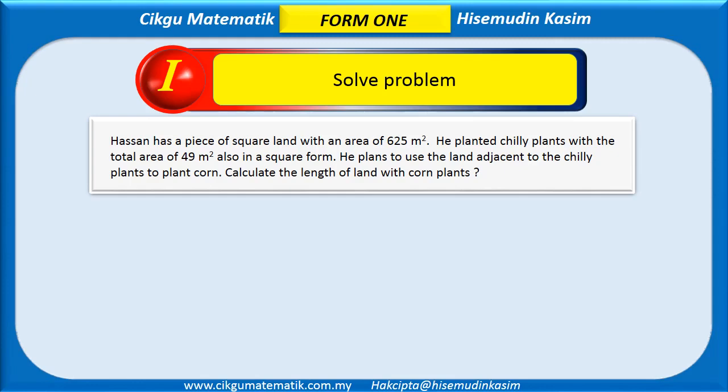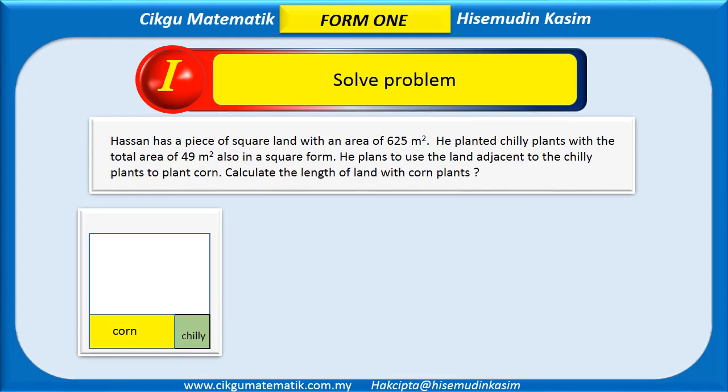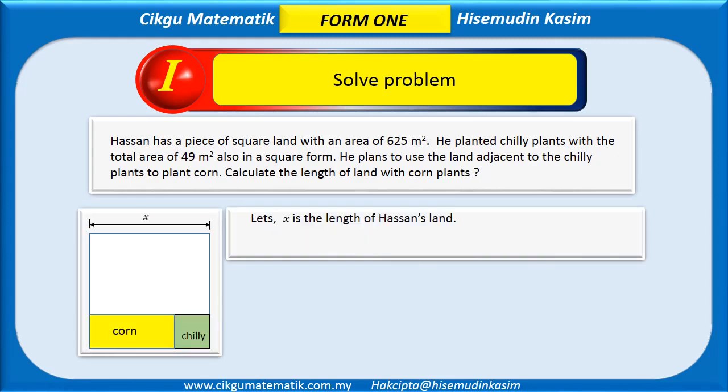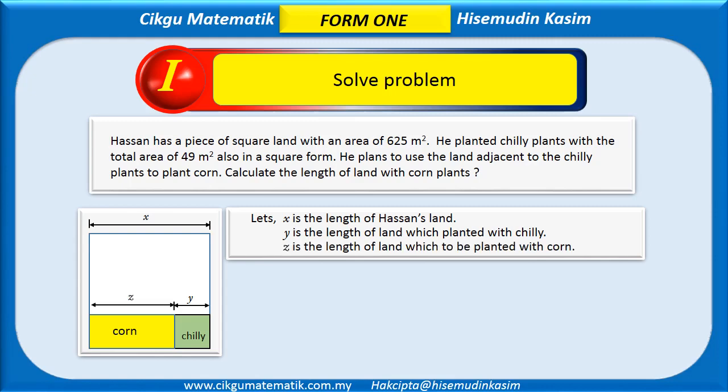Calculate the length of the land with corn plant. Let X be the length of Hassan's land, Y the length of land which is planted with chili, and Z the length of land which is to be planted with corn.